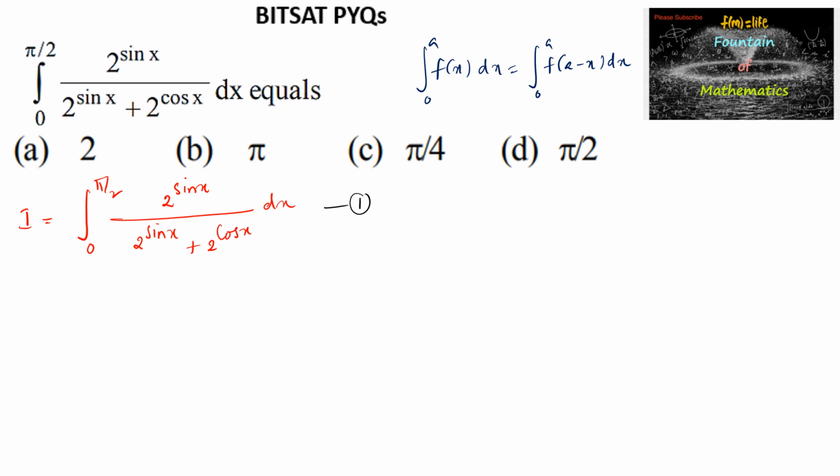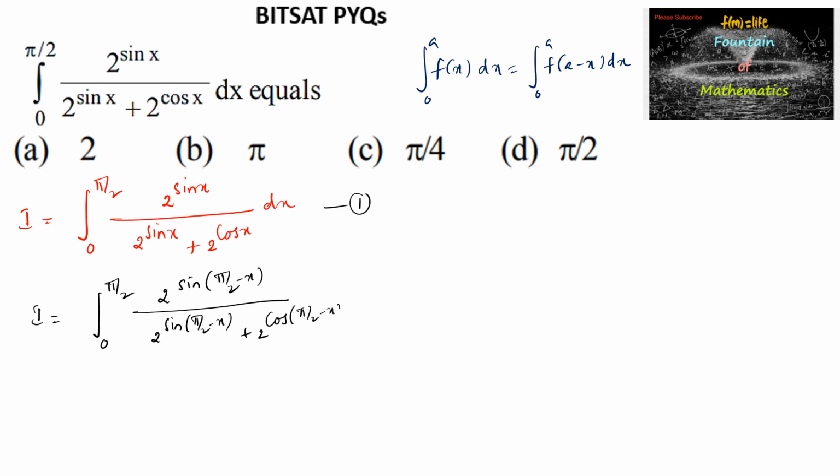So here we can use I is equal to integral 0 to pi by 2 of 2 to the power sin of pi by 2 minus x divided by 2 to the power sin of pi by 2 minus x plus 2 to the power cos of pi by 2 minus x dx.